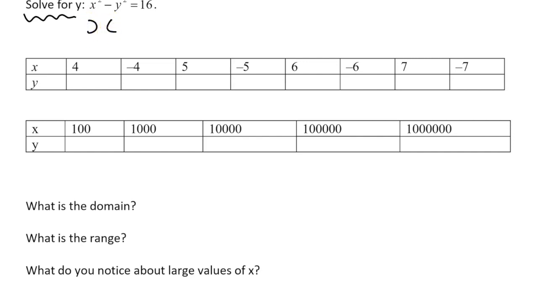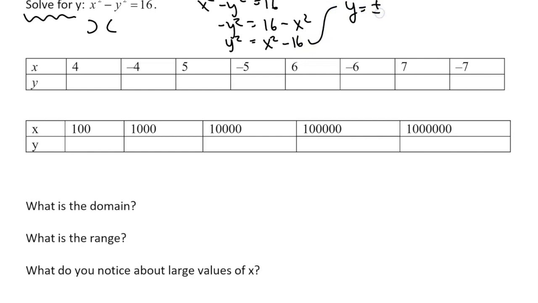But if we wanted to algebraically isolate for y, we could do that as well, and you could get -y squared equals 16 minus x squared. Y squared is equal to x squared minus 16. Square root it, and y would be equal to plus or minus the square root of x squared minus 16.